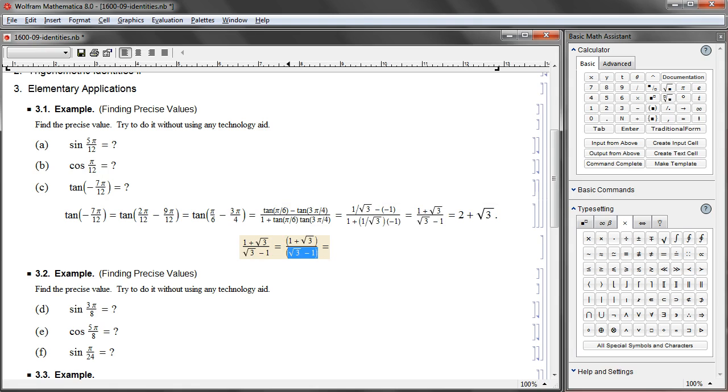Same as multiplying by the conjugate of the denominator. Change this to plus, and change that to plus, and fold it out. If you do that, the denominator will become rational. Why? Because we have a minus b times a plus b form. So the denominator will be square root of 3 squared minus 1 squared, or 3 minus 1.